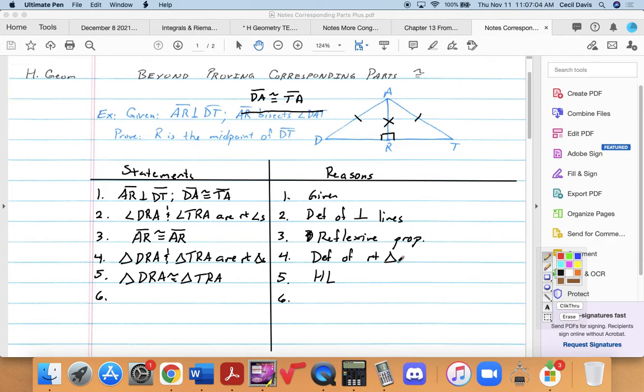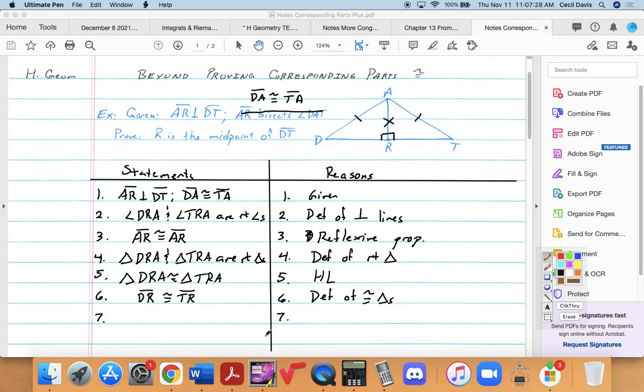What do we need to say first? DR is congruent to RT because of the definition of congruent triangles. I would say DR is congruent to TR, just so that the corresponding parts match up, but it's not wrong if you do it the other way. That's the definition of congruent triangles.